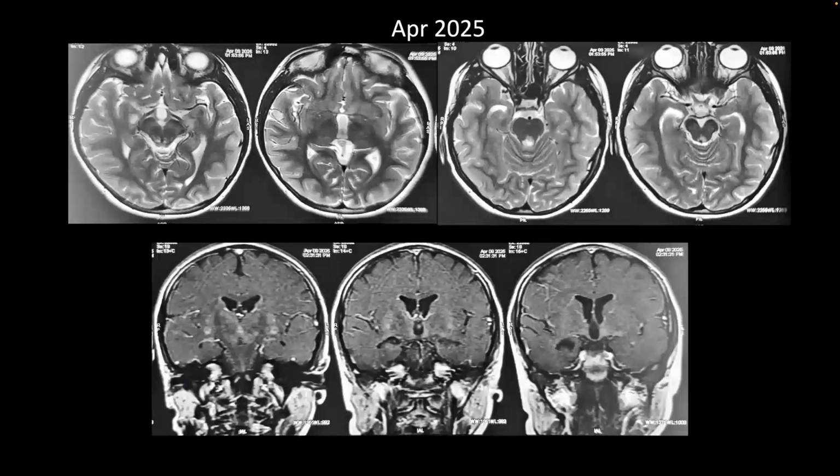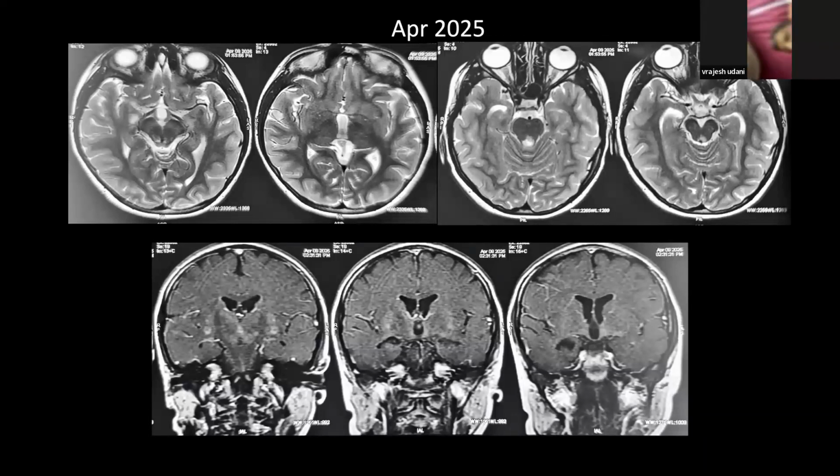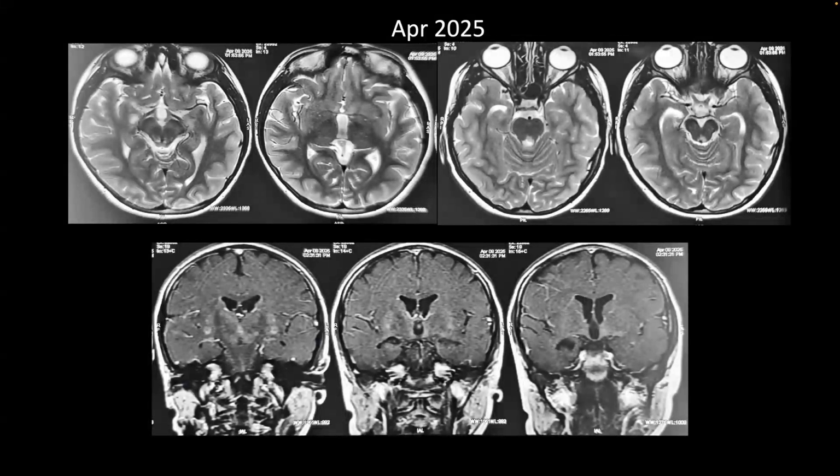Yeah, so these are the second MRI images. The top row is the T2 weighted axial images, and the bottom row is post-contrast images. In the top row, you can see that the previously seen lesions have shown significant improvement in terms of size and signal intensity. The thalamic lesions have nearly completely resolved with some subtle residual hyperintensity.